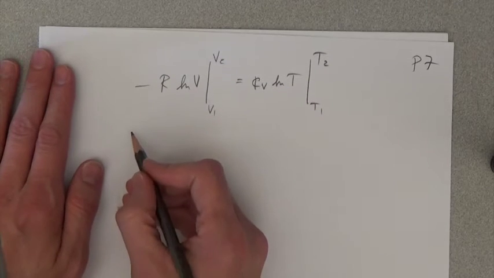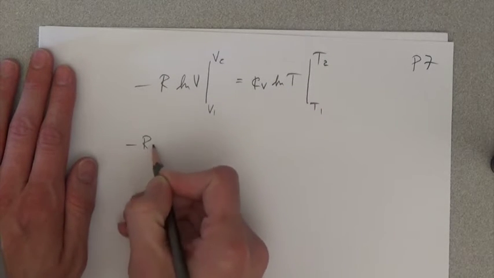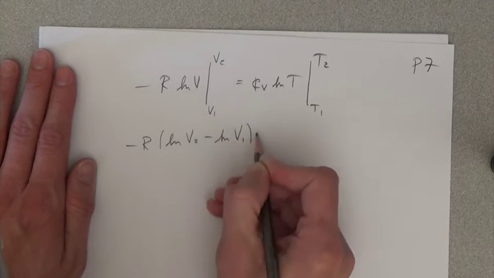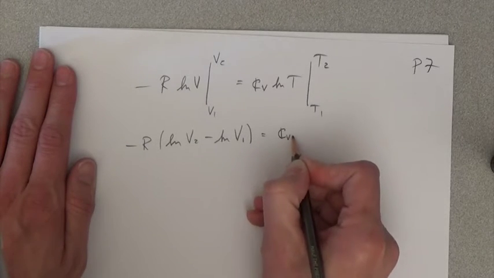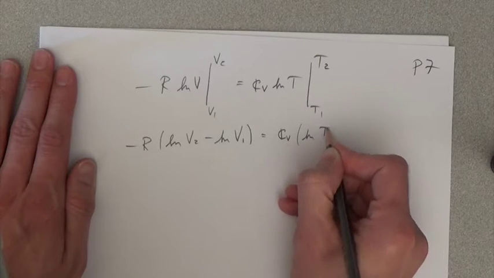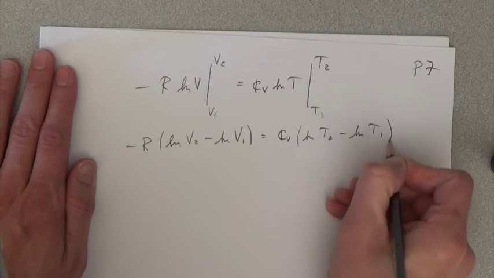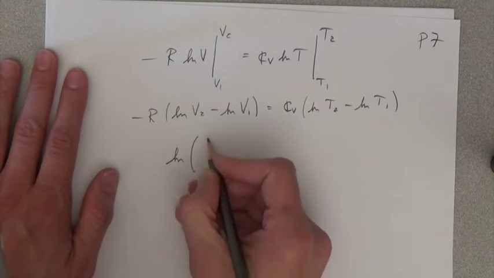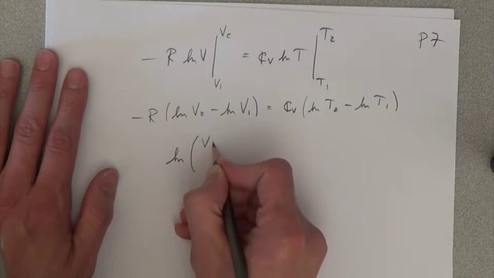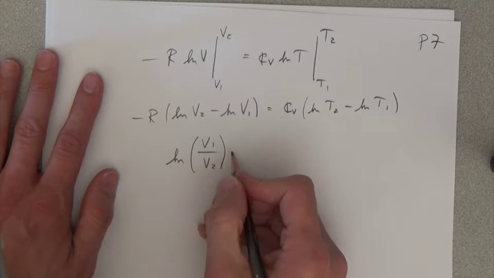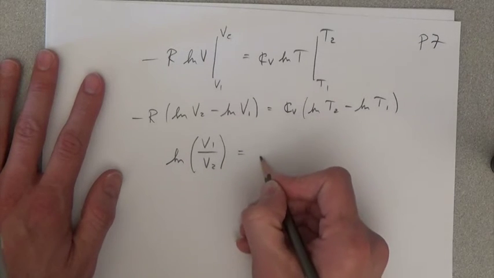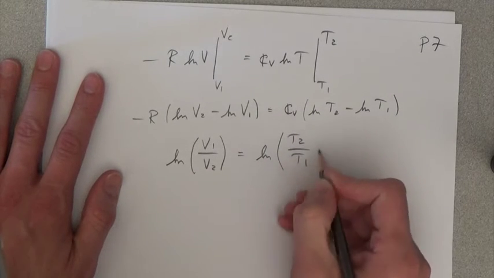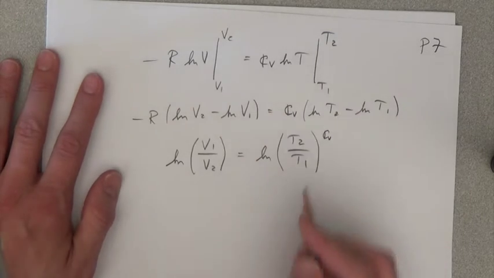And I said I'll write it out this first time; later in the class I'm just going to skip to the answer. ln V2 minus ln V1 is equal to CV ln T2 minus ln T1, which is ln V1 over V2 is equal to ln T2 over T1 times CV.